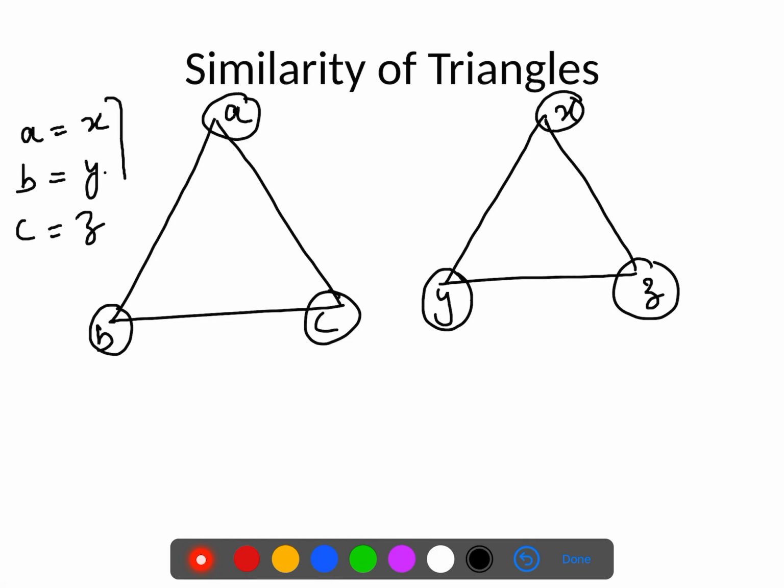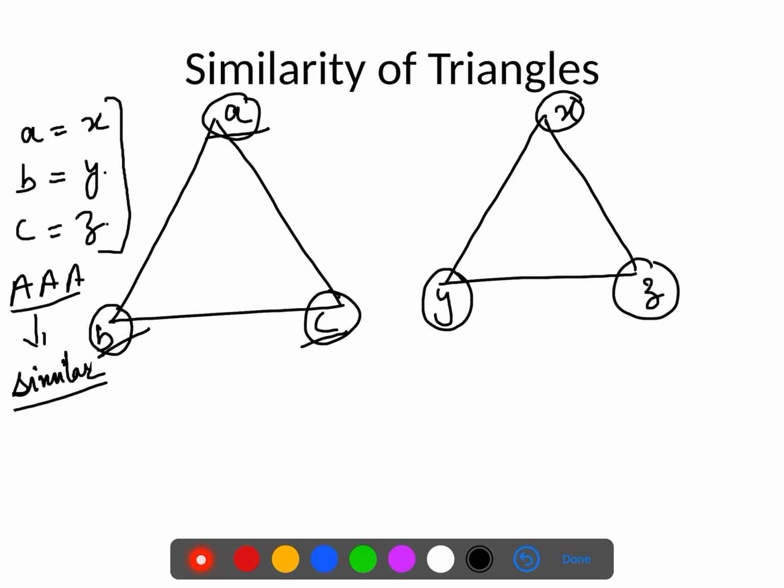So all three angles of this triangle are equal to some particular angles of the other triangle. Okay, AAA, angle, angle, angle. If this is true, then the triangles are similar.